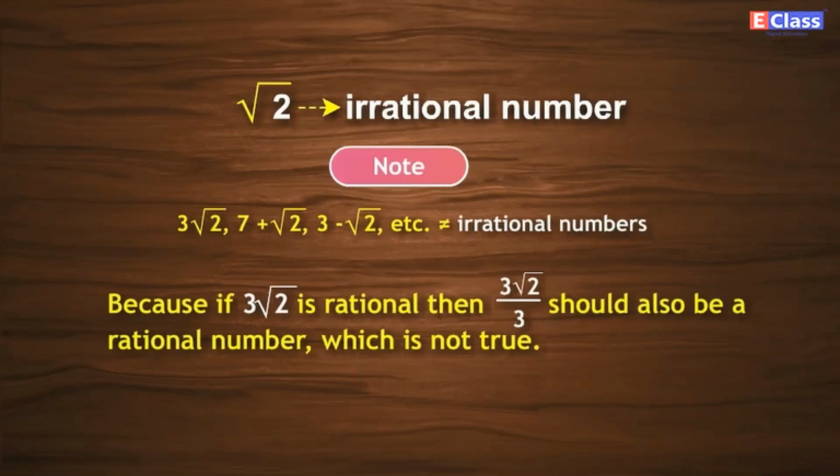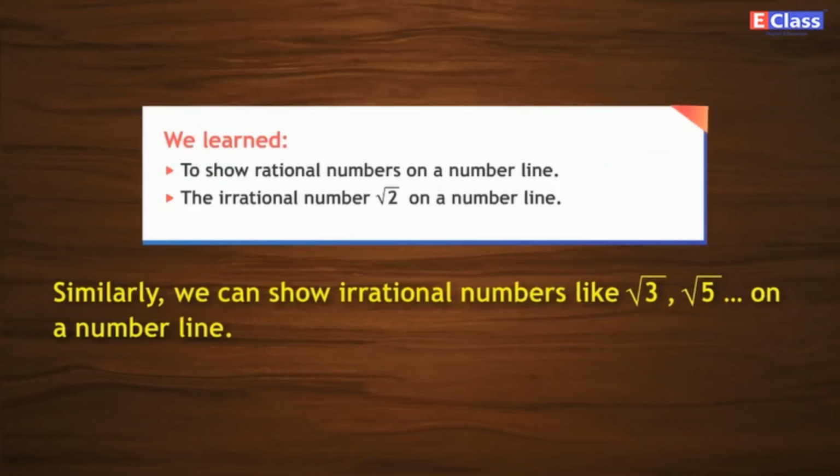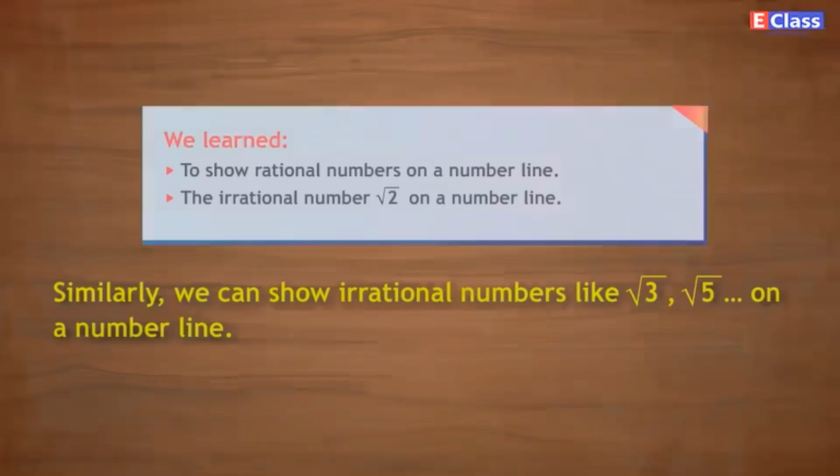Because if 3 square root of 2 is rational, then 3 square root of 2 by 3 should also be a rational number, which is not true. We learn to show rational numbers on a number line. We have shown the irrational number square root of 2 on a number line. Similarly, we can show irrational numbers like the square root of 3, square root of 5 on a number line.